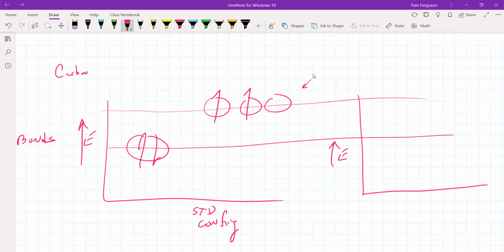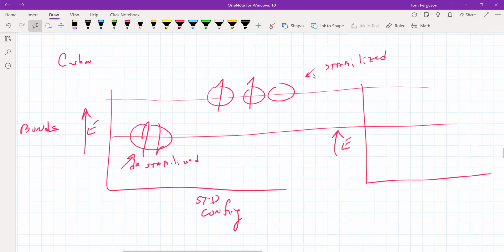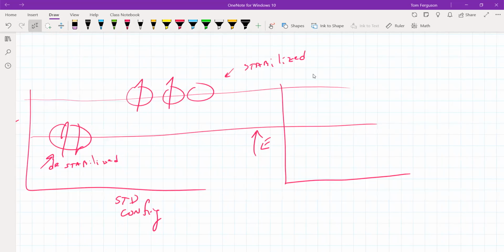So these get stabilized, and this gets destabilized. All right, so now we're going to mix up the electrons. We have 4 electrons. This is going to be the sp3. Let's look at the sp2. Now, what happens with the sp2 is it looks like this.